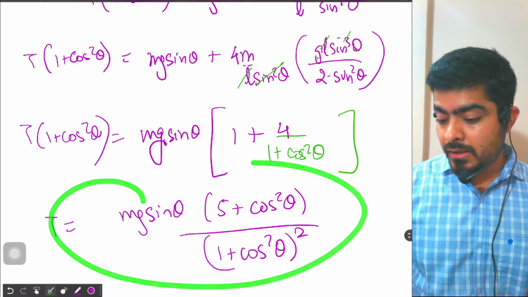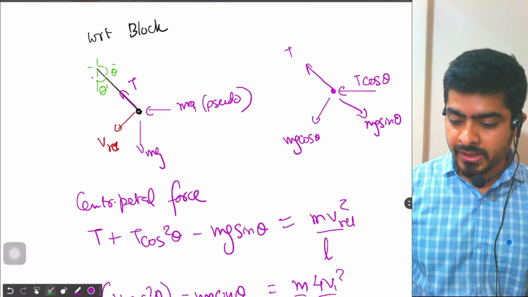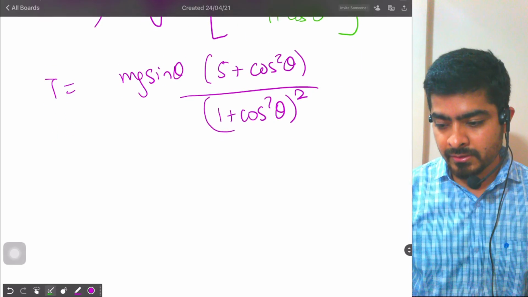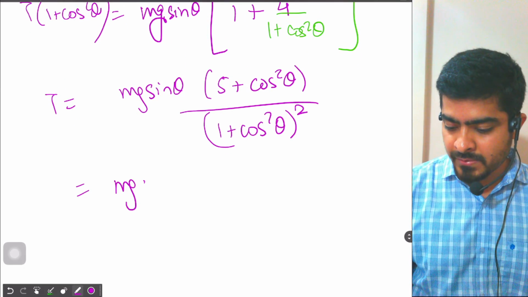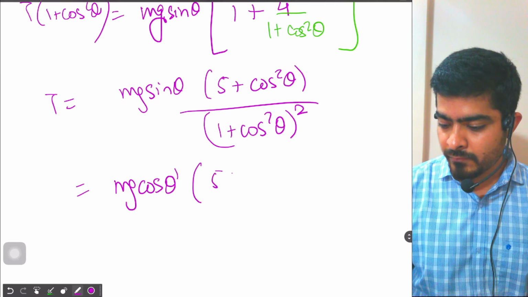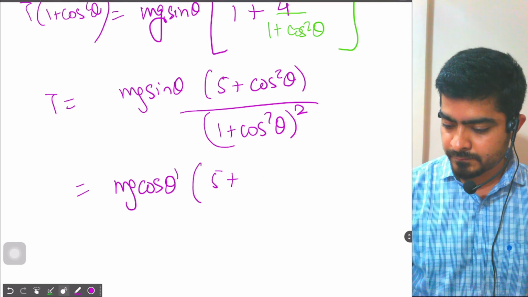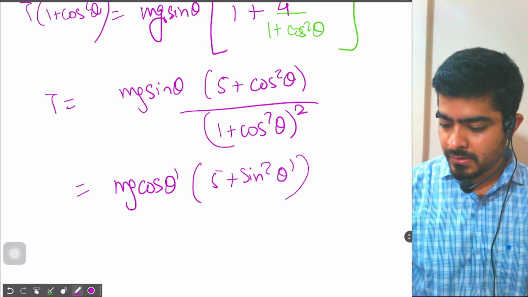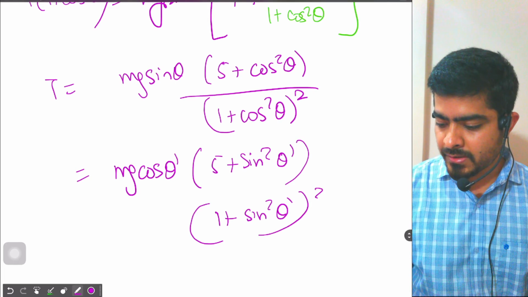And remember one thing, that we had to interchange theta and theta dash. So we have to replace sine theta with cos theta dash, and we have to replace cos theta with sine theta dash. So this will be equal to mg cos theta dash times 1 plus sine square theta dash divided by 1 plus sine square theta dash whole square.